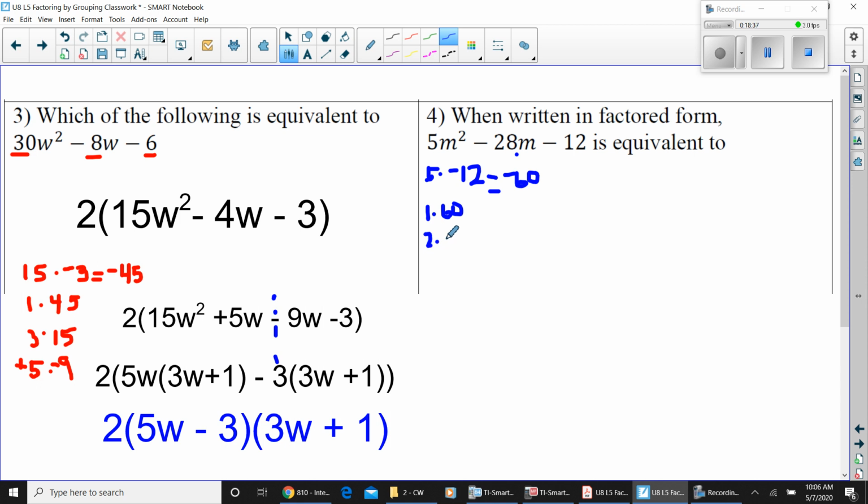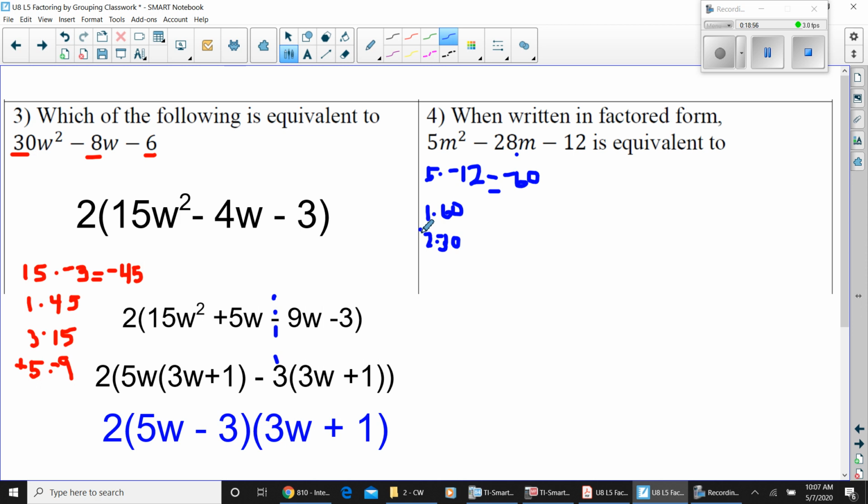2 and 30, not going to do it. Oh yes, wait a minute, we could stop there. We can make a negative 28 out of 2 and 30. It also has to multiply to a negative, so one has to be negative and one has to be positive.